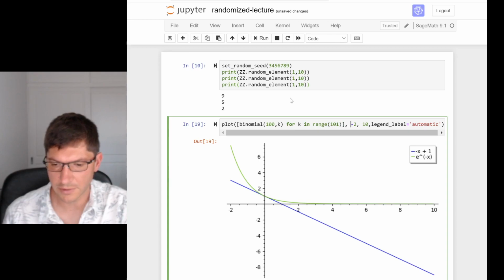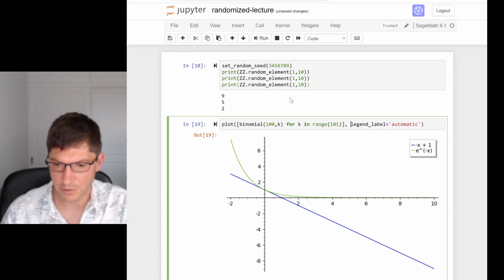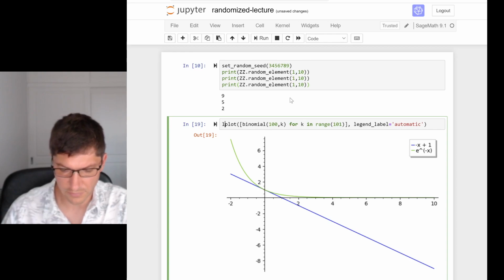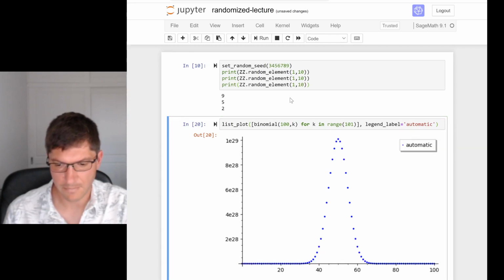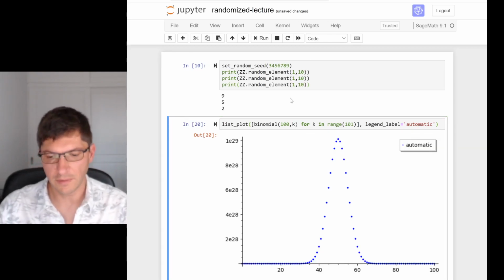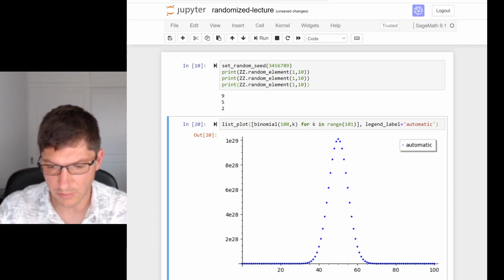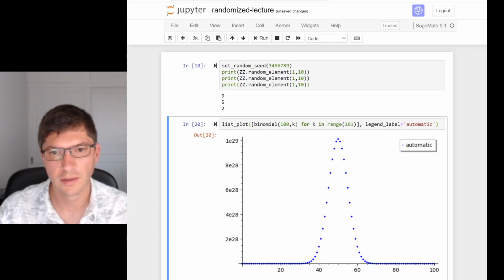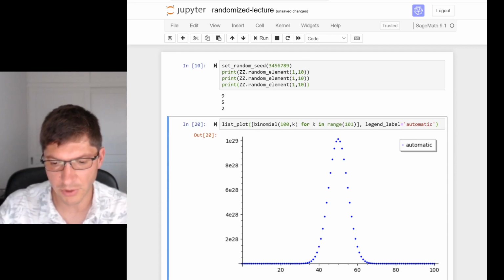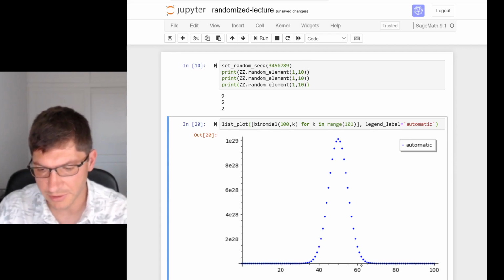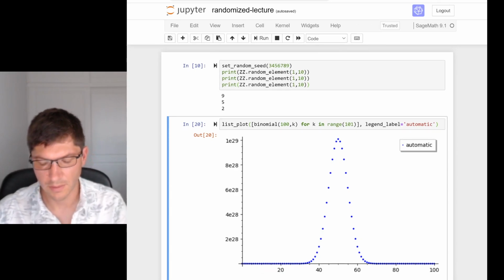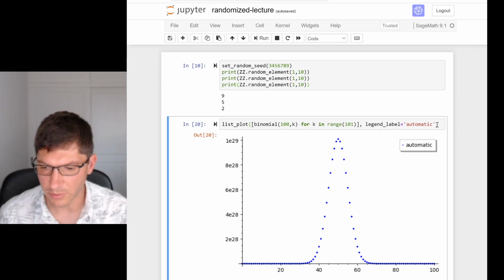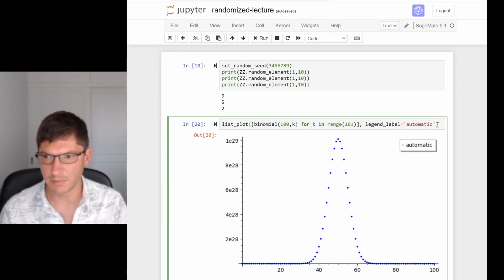And so these are integer values, so I'll have to do a list plot. Yes. So we can see here that towards the middle, when k is about 50, the value of the binomial coefficient is much larger than when it's 60, for example. Maybe we can draw this on log scale as well to see a bit more detail.